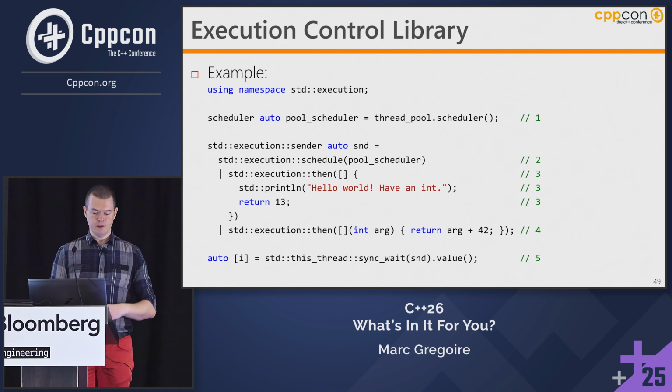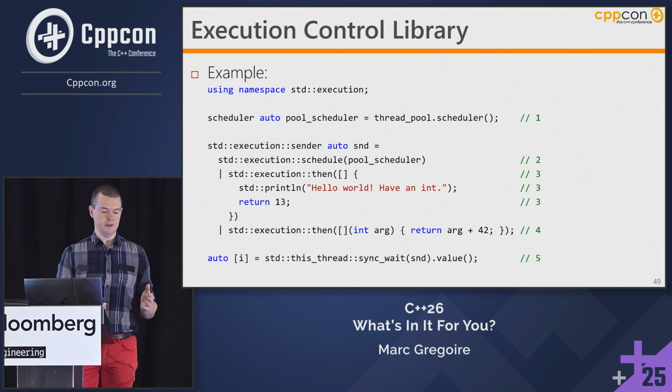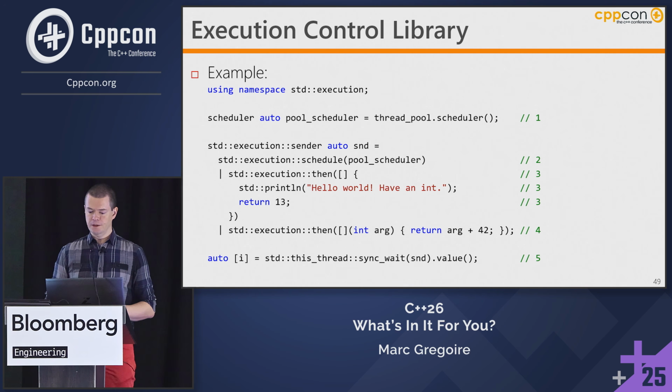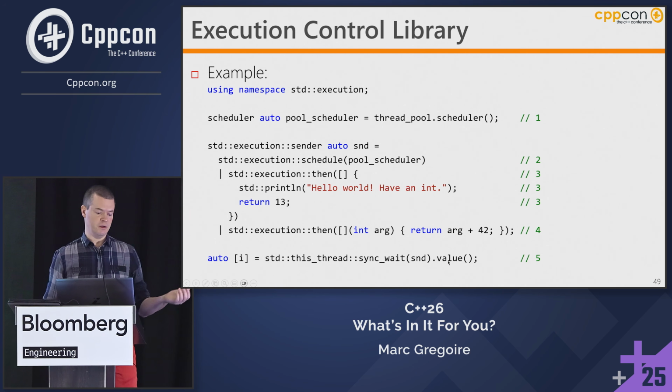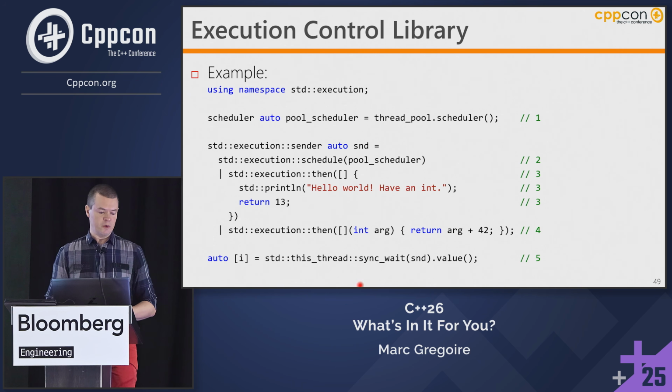And then finally, we can start the whole execution. For this, we use this thread sync wait sender consumer. So it just triggers the execution and waits for the execution to finish. So up to this point, up to this call, maybe nothing has executed yet. It's all asynchronous. Maybe execution is finished, maybe not, we don't know. But here we just wait until the execution is finished.